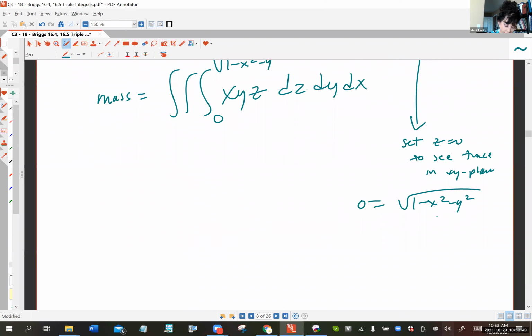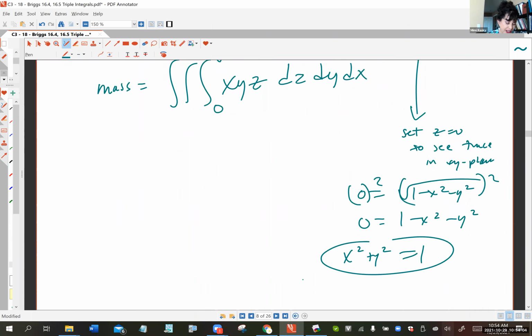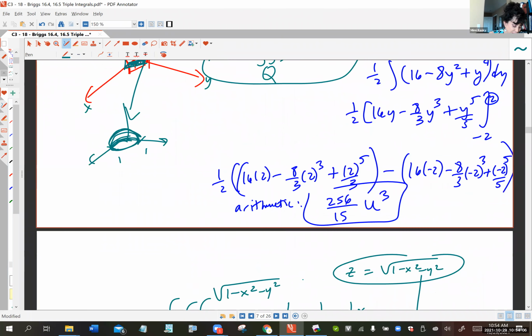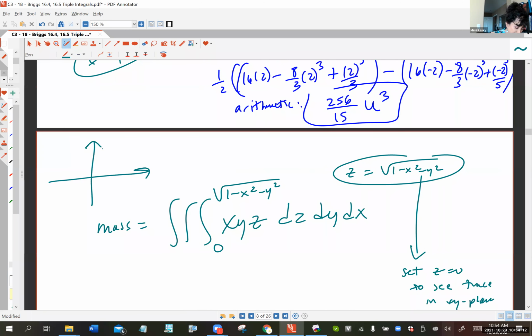Well, square both sides to get rid of the radical, and then add x squared and y squared to both sides. And I get a circle centered at the origin of radius 1. And that, in fact, is what the base of your solid is doing. I hope that makes sense, because if you look at the picture I have here in the xy plane, you've got a unit circle.